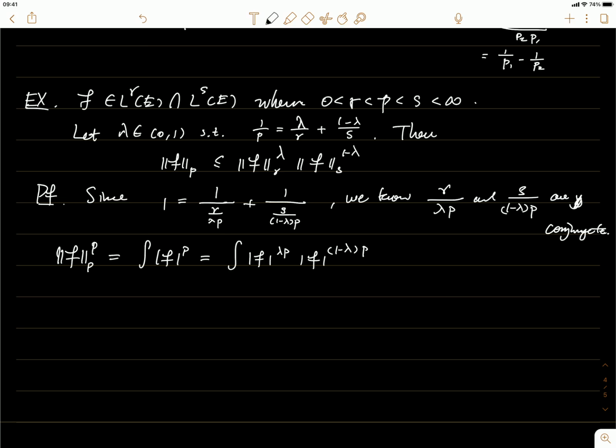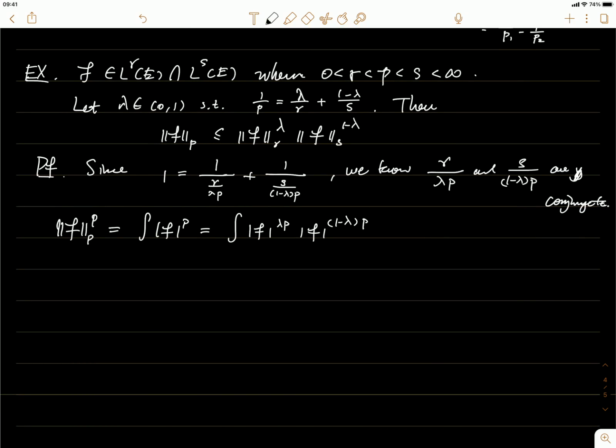Okay, so I have this. And now I can consider this as the f, this as the g. So I know that this is going to be less than or equal to, so let me write this, this is just less than or equal to f to the lambda p, and then I know that I'm going to have the r over lambda p, applied to the Holder's inequality with these two values.